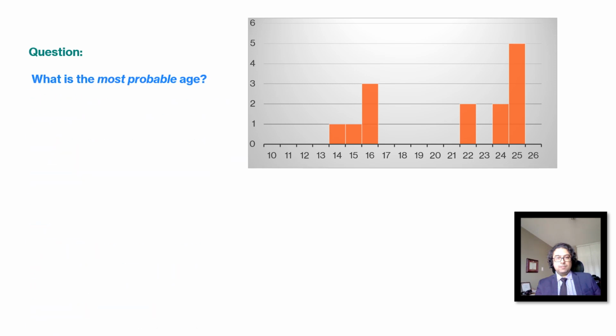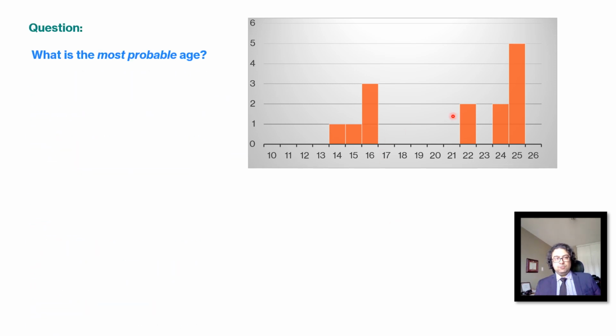All right, looking back at our histogram, now I raise another question. What is the most probable age that you can see? Well, as we discussed before, the most probable age would be the age in which I would have a higher probability to end up with when I select the individual. And looking at this histogram, it's 25.